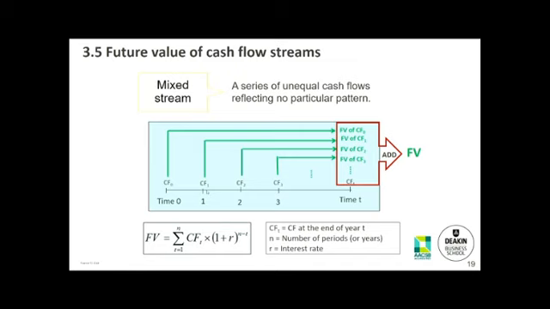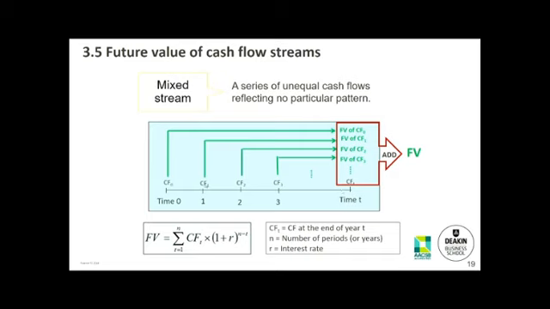CF1 means cash flow 1. CF2 means cash flow 2. CF3 means cash flow 3, etc., etc. Means cash flow happened at time 1, time 2, time 3, time 4, etc., etc. Okay? Now, we want the total value of all those cash flows.